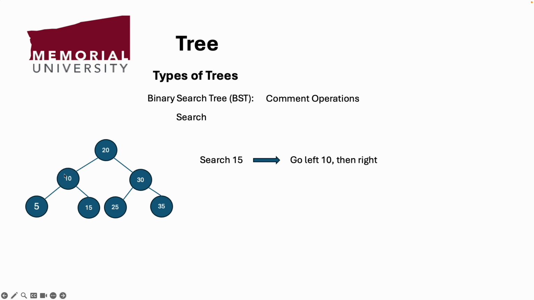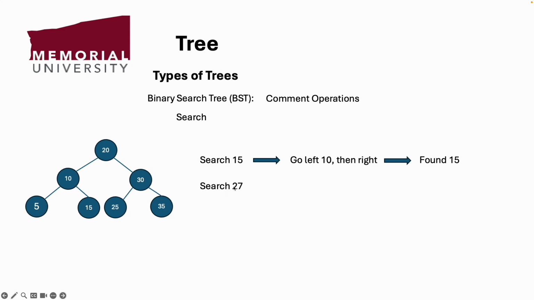Compare with node 10: 15 is greater than 10, so we go to the right. On the right, at node 15, we find the matching value. It means we found this node.